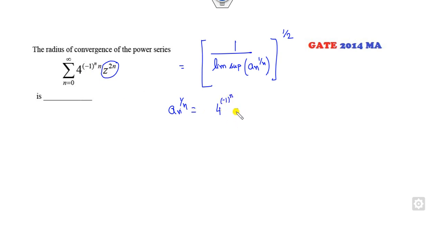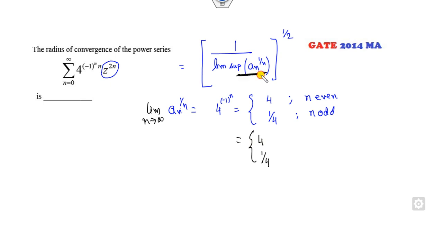Since it depends upon even and odd, if n is even, this number is positive. If n is odd, this number will be 1 over 4. Now if you take the limit as n approaches infinity, the answers are either 4 or 1 by 4, but we need a supremum. So the supremum is 4.